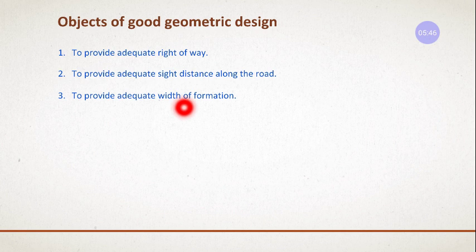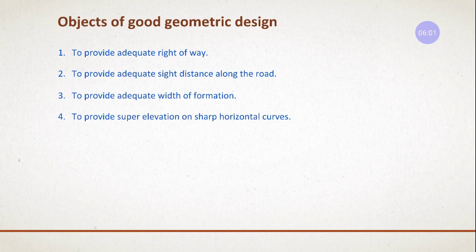It is the road width, which is a summation of the carriageway as well as the shoulders on both sides, right? Next is providing super elevation on the sharp horizontal curves.